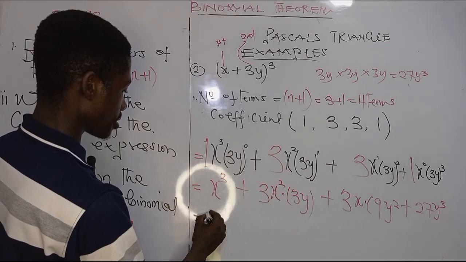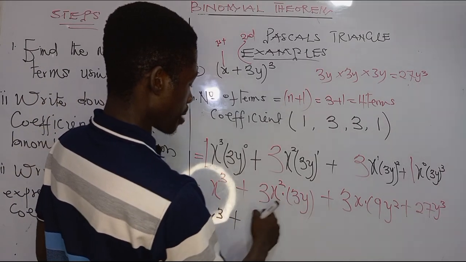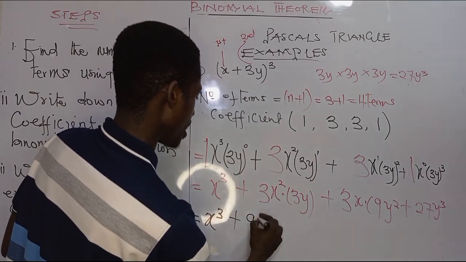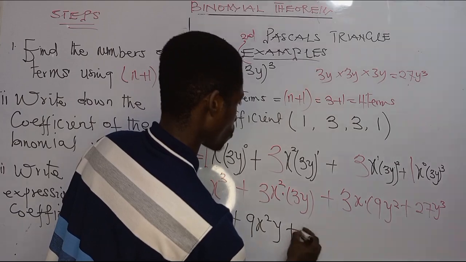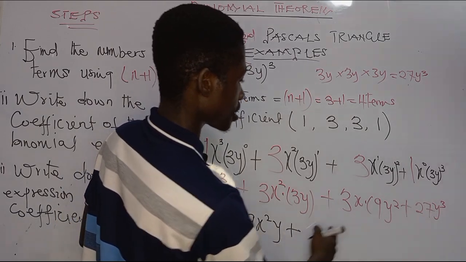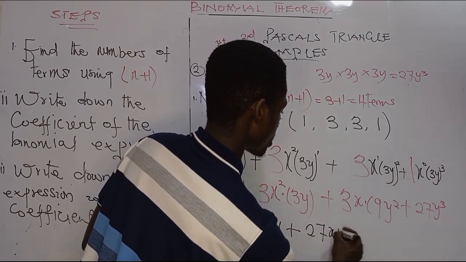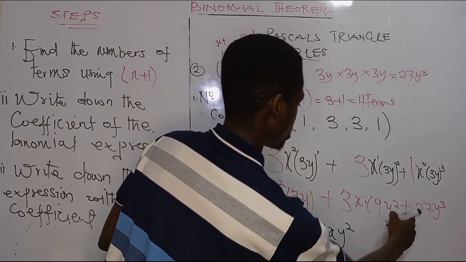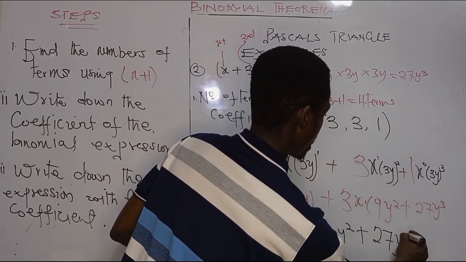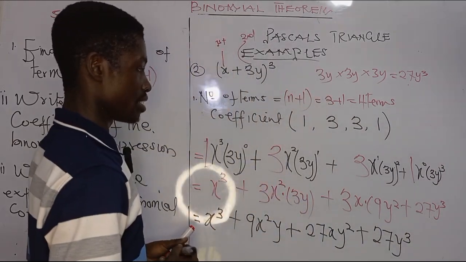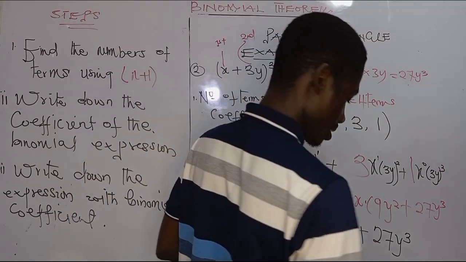This is going to give us x power 3 plus 3 times 3 will give us 9 x squared y. Then we have plus 27 x y squared plus 27 y cubed. Very, very simple and easy.